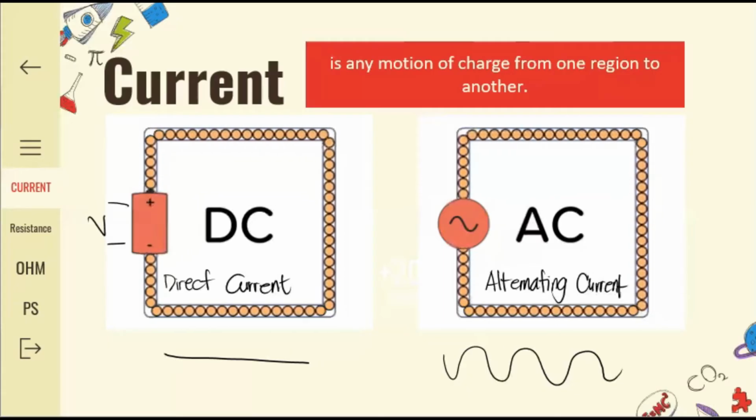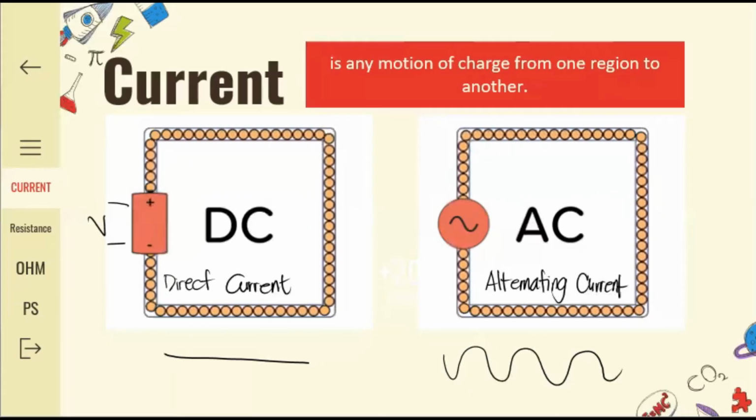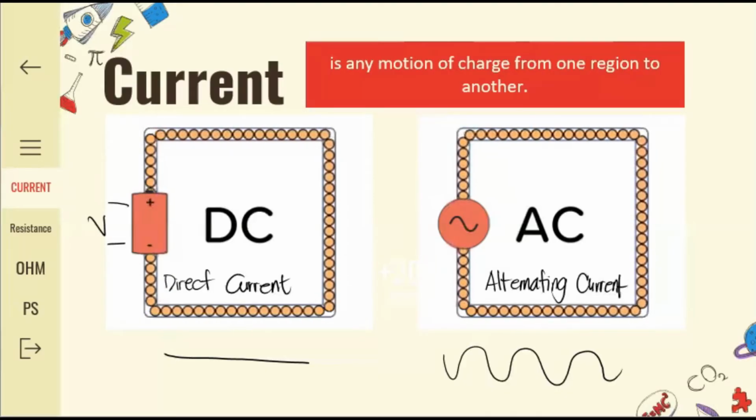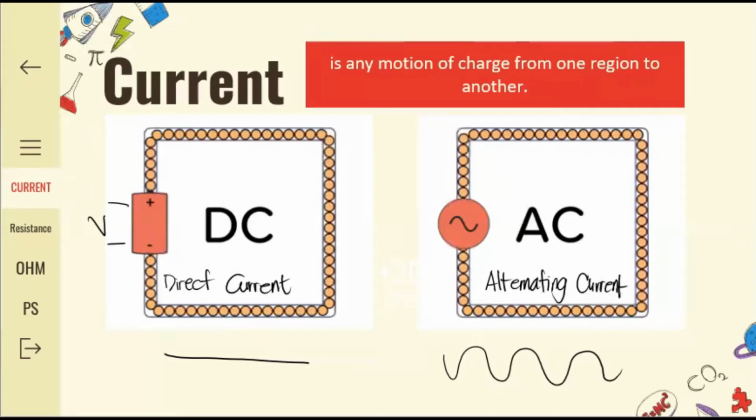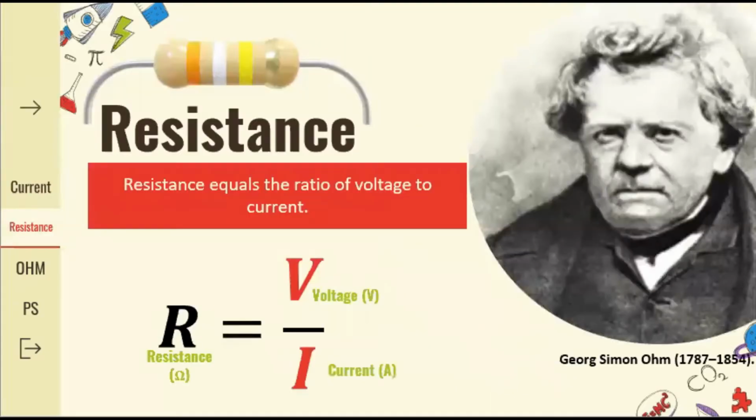Since we discussed voltage on our previous discussion, we know that it is the stored energy. And now, na-discuss na po natin yung current. So, yung last na factor na matatagpuan natin sa electricity is what I call as resistance. So, the resistance is the measurement of how a specific circuit or how a specific material or component could resist the flow of current.